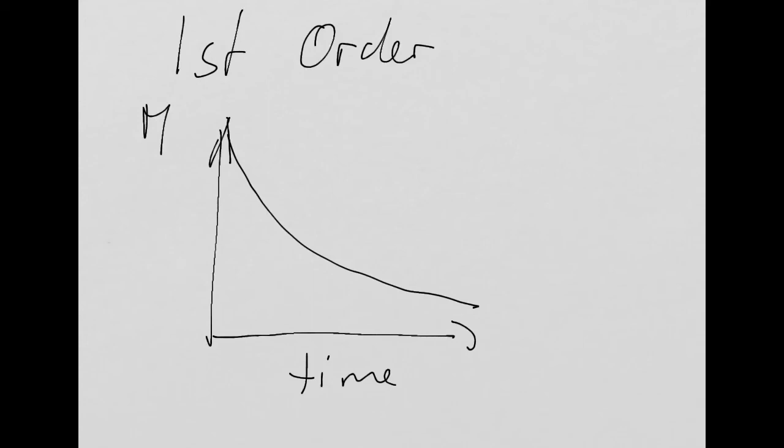So the Maltesers disappear, but not at a constant rate. The rate is permanently changing. Yes? So there's no constant in it. It is permanently changing. And that is a first-order reaction. That's very typical.